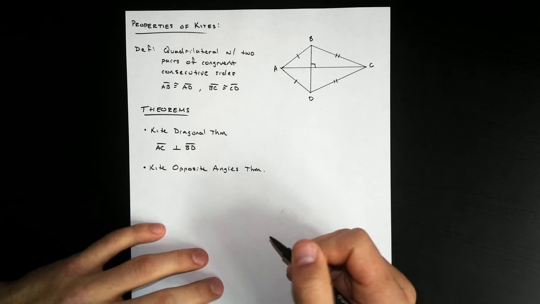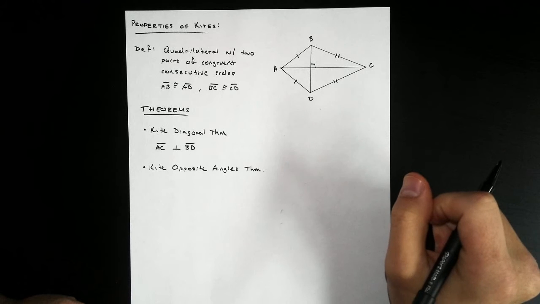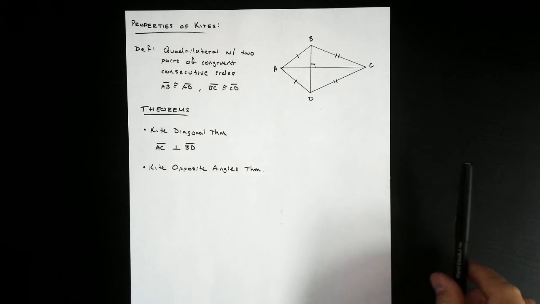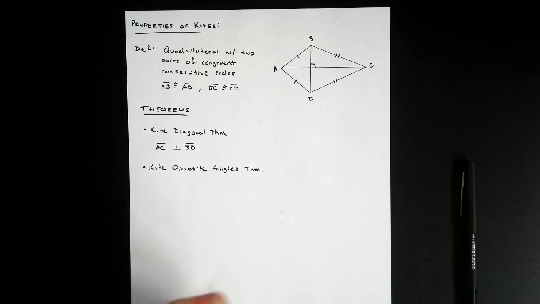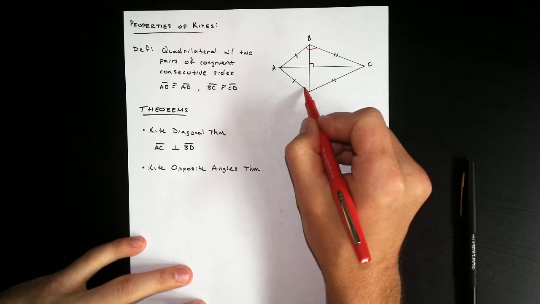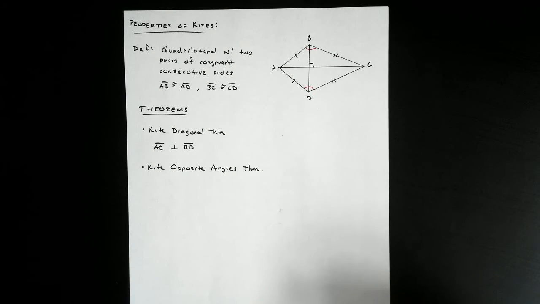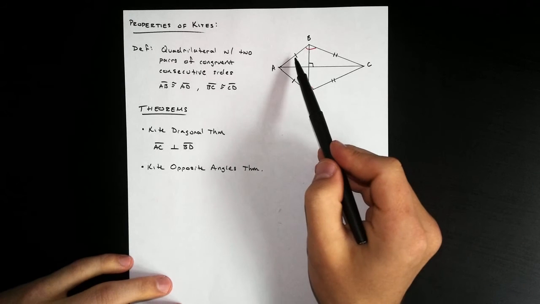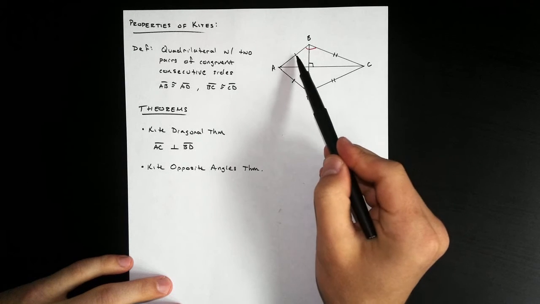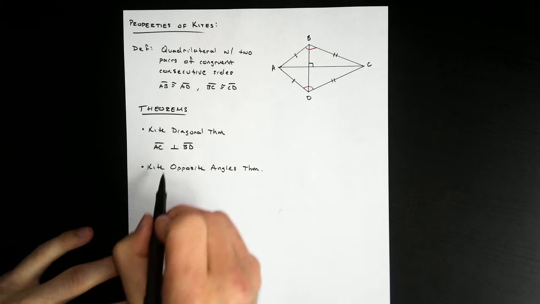In a parallelogram, we know that both pairs of opposite angles are congruent to each other. But in a kite, we only have one pair of opposite angles. These two angles, the two angles that are in between the two sides that are different lengths, in between these two segments and then these two segments, those angles are congruent to each other.